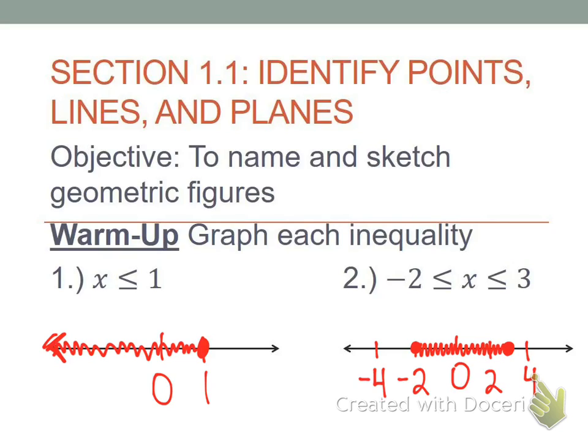Now sometimes in algebra we learn that the -2 is shaded this way and the 3 is shaded the other way, and you look for their overlap. Again, this is just a review. This doesn't have a whole lot to do with what we're talking about today, except for these figures, the lines themselves.